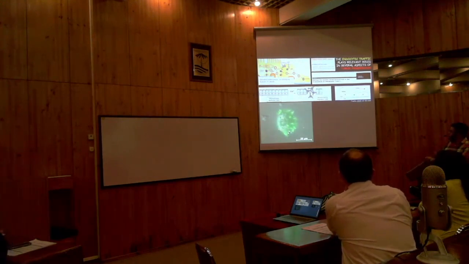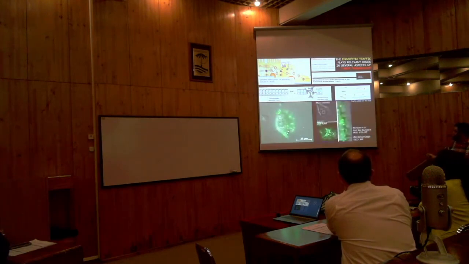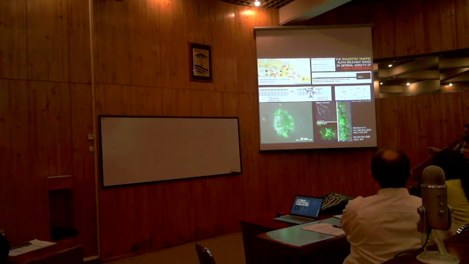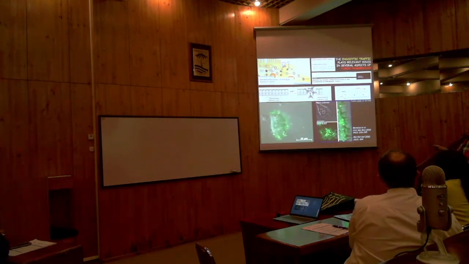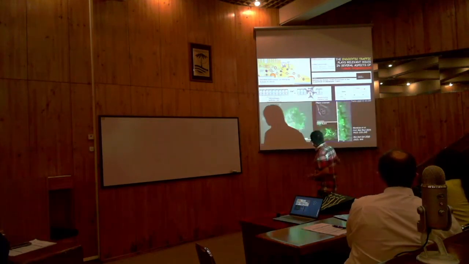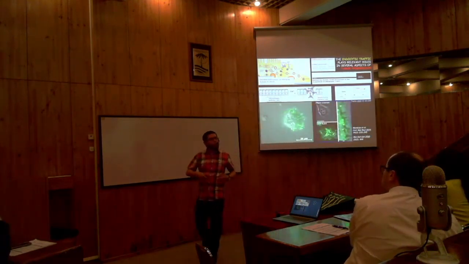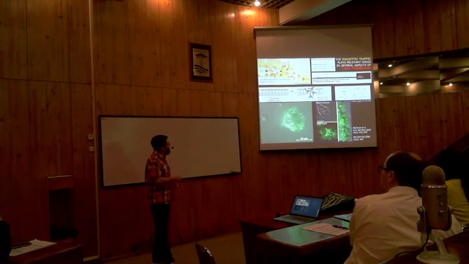I'm going to show a very old study that we did in this cell. In this picture, there is the formation of the leading edge, called lamellipodia, and you find accumulation of these endosomes at this region of the lamellipodia. Interestingly, these endosomes are enriched in a particular protein called Rab5.